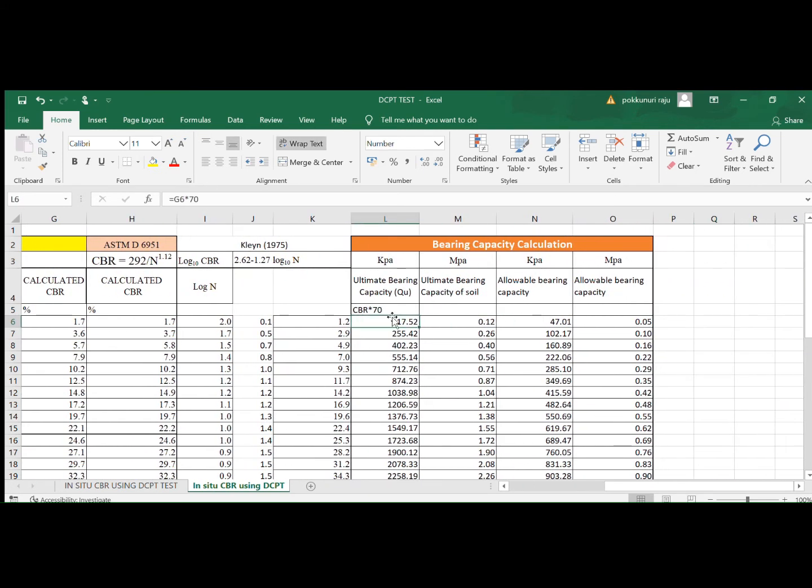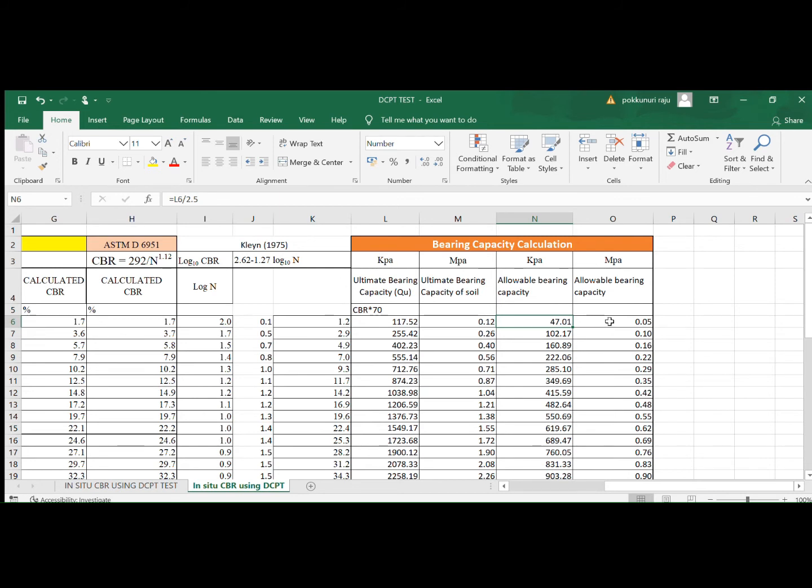or in terms of MPa, divided by 1000, that is 0.117, or rounded off to 2 digits, it is 0.12. Allowable bearing capacity is calculated by dividing the ultimate bearing capacity by 2.5. So 117.52 divided by 2.5 gives you 47.01 kPa for allowable bearing capacity.